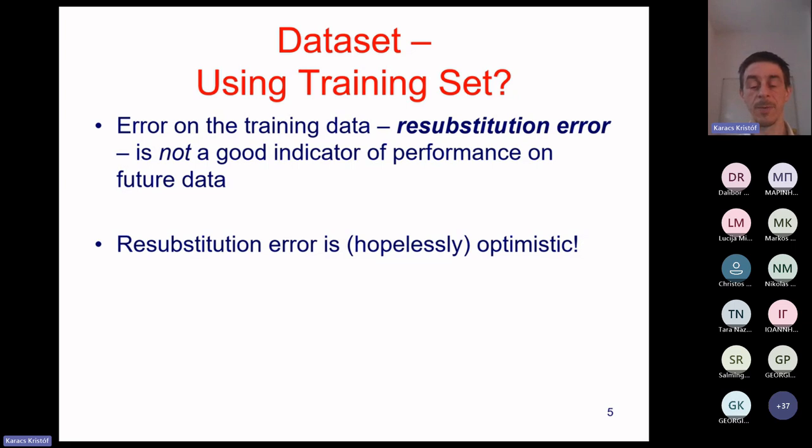So if you think about an exam situation, an exam can give you a good assessment about your knowledge if the questions at the exam are different than the ones that you practiced during your learning, because that means you can apply your knowledge to new inputs or to new samples. So this is one of the important things to mention.